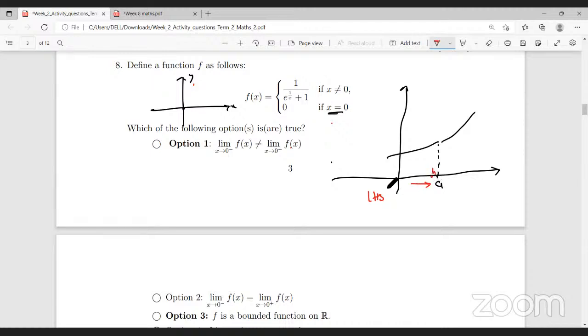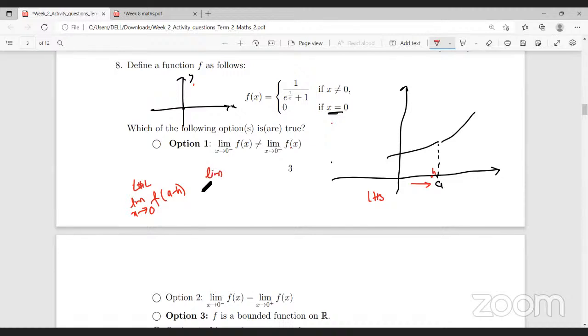What is my left hand limit here? We have to find the limit at a minus h, because I am subtracting this very small distance from a.